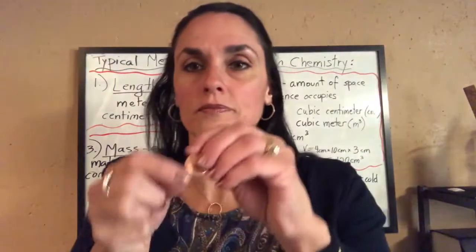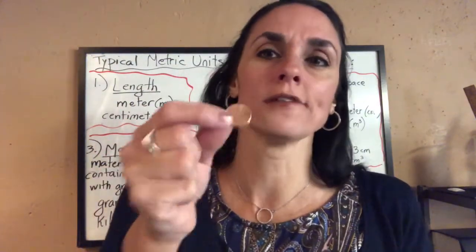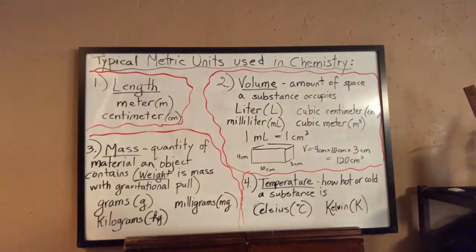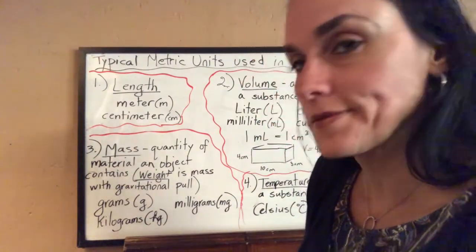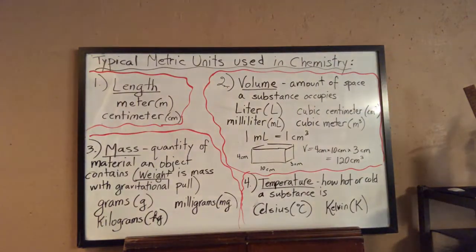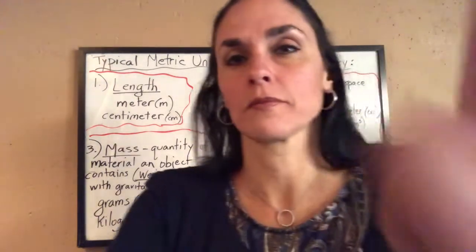A United States penny has a mass of roughly 2.5 grams. 1 penny, 2.5 grams. 1 nickel is roughly 5 grams. I have a small scale here.